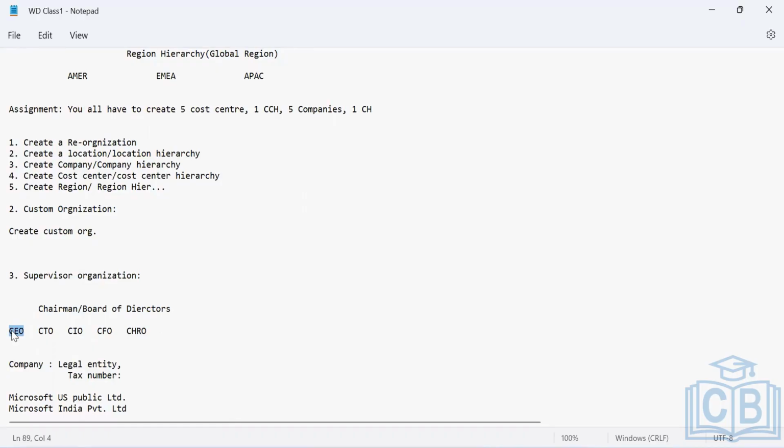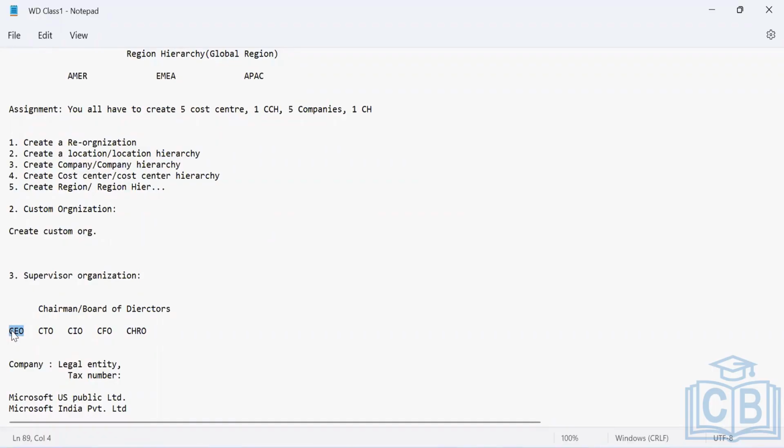Now, how do we implement it? First of all, we have to understand we only create a supervisory organization for a supervisor. Now, who is a supervisor? Guys, tell me who is a supervisor?